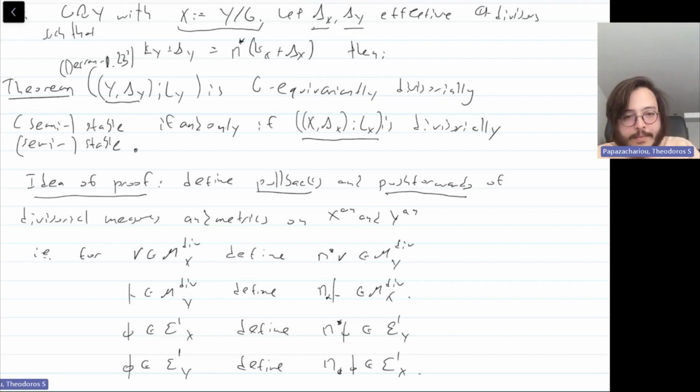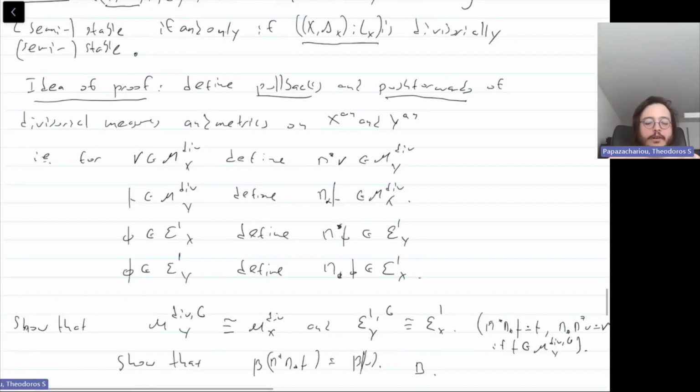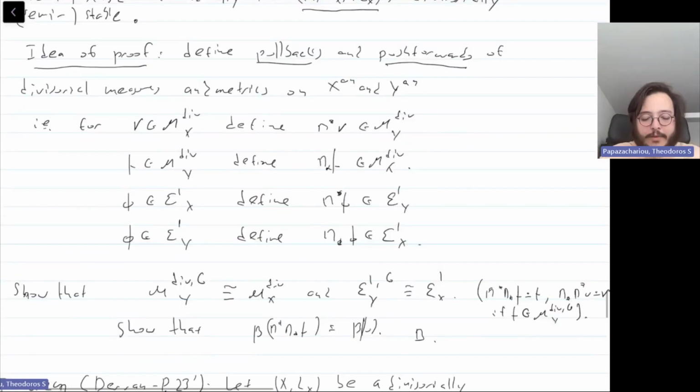What we will see from the idea of the proof is that it works by showing that the beta invariants actually agree, so that you get this if and only if. I'm not going to go over the proof itself, but the whole meat of the proof of this main result is to define pullbacks and push forwards for divisorial measures and metrics.